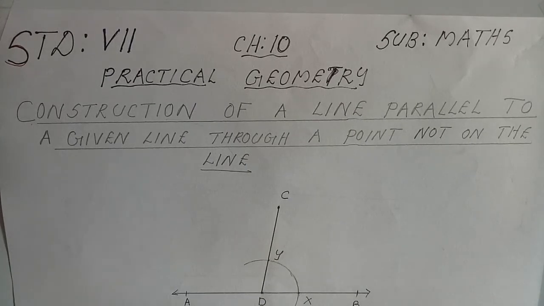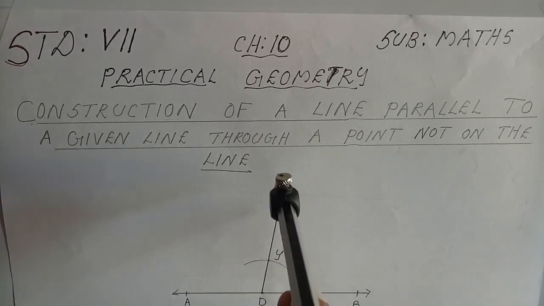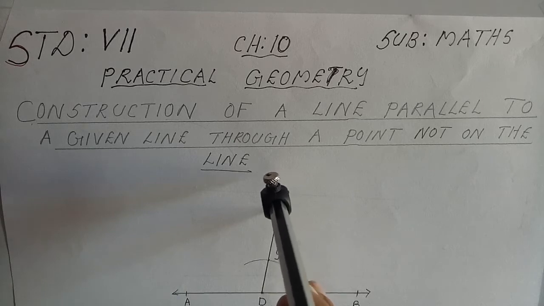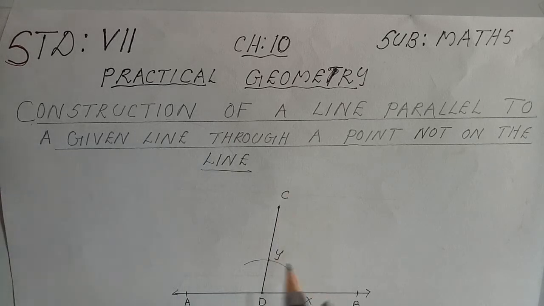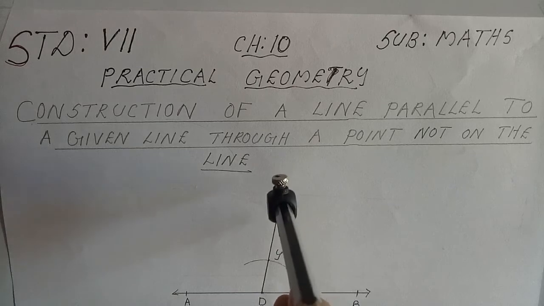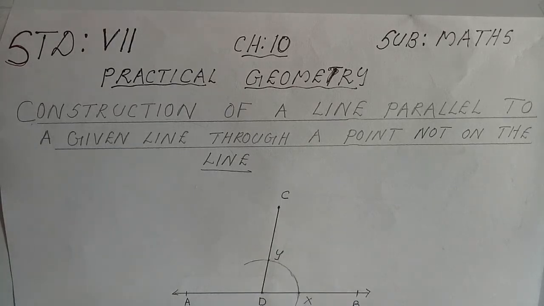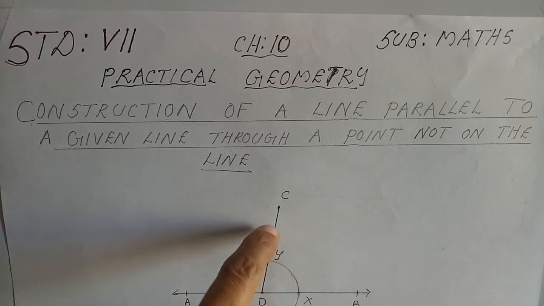So what's the third step? With the center D, we have drawn an arc with any measurement, so that the arc will cut the line AB at the point X and CD at the point Y. Now the next step, what you have to do is, now keep this pointer at the point C. And with the same radius, what you have done here, keep it at the point C. Draw an arc to cut CD at one point.